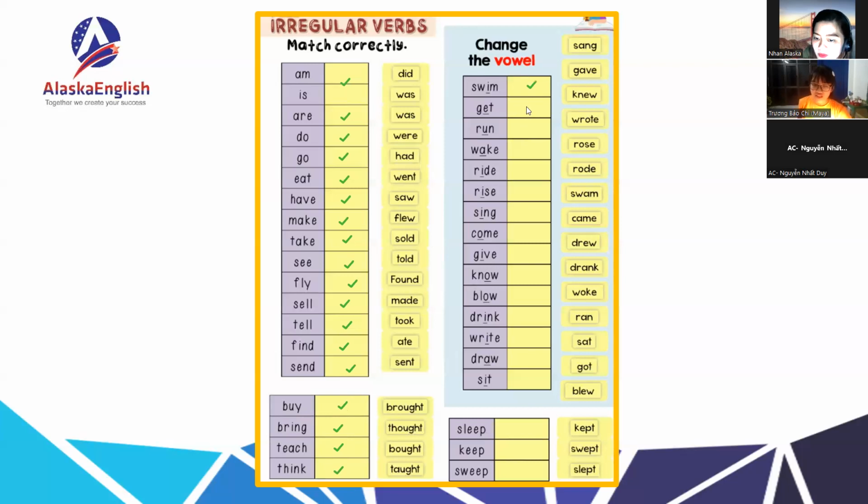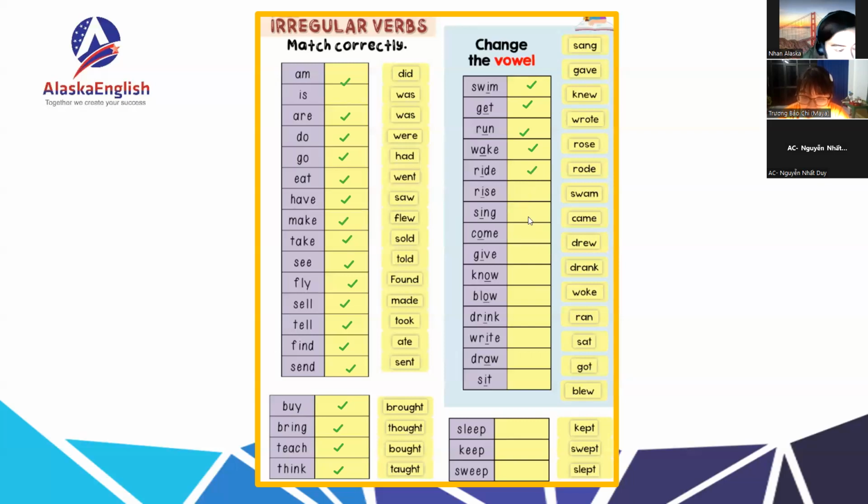Get, got. Run, ran. Wake, woke. Walk. Ride, rode. Rise, rose.